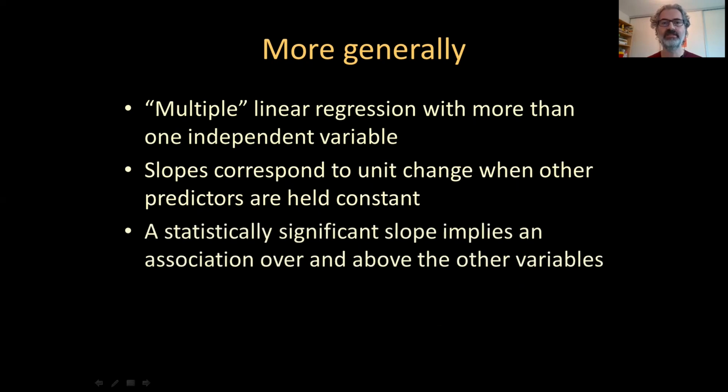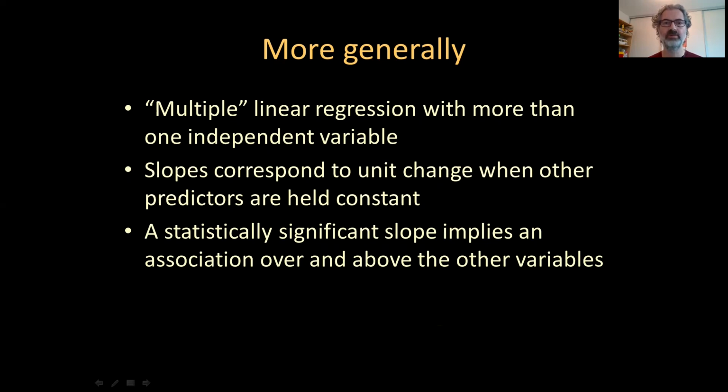A statistically significant slope implies that there is an association between this predictor and the dependent variable that is important even after taking all the other predictors into account. So a statistically significant slope in a multiple regression is not the same as a statistically significant correlation.